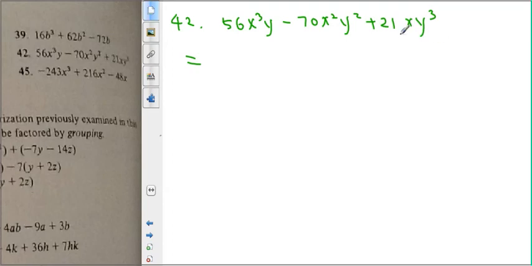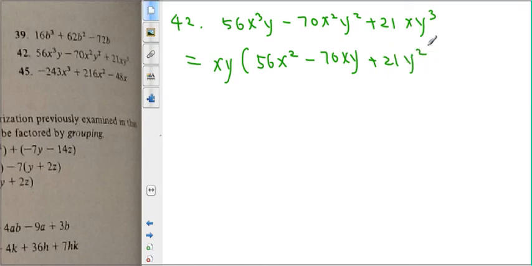And then is there any other number that is common? No. So if you factor out xy, then we get 56x squared minus 70xy plus 21y squared. Now, can we somehow manipulate the numbers between 56 and 21 to get 70?